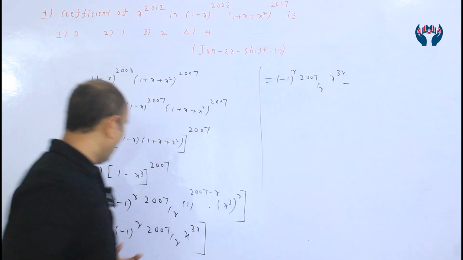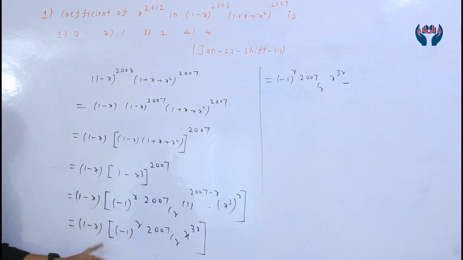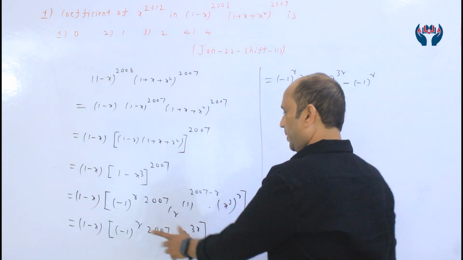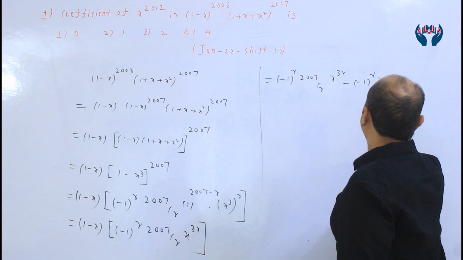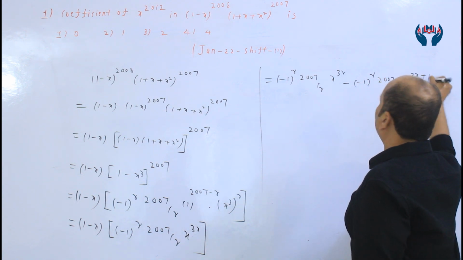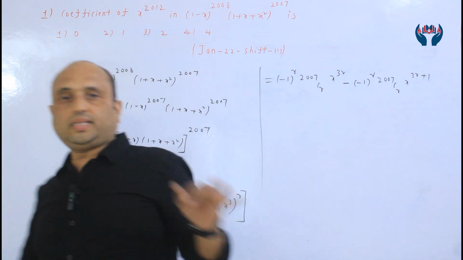Minus, multiply this whole thing with x, we get minus 1 whole to the power of r, 2007 CR, x to the power of 3r plus 1. So this is the thing.